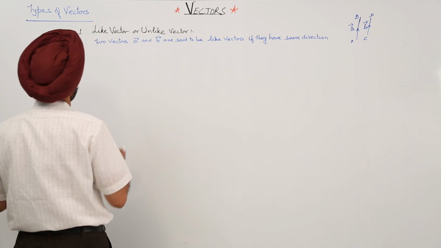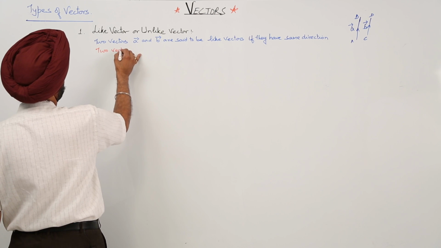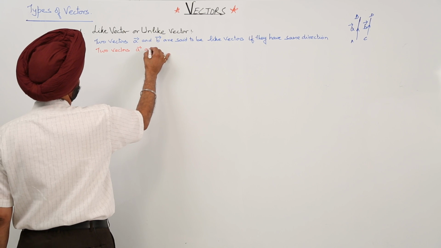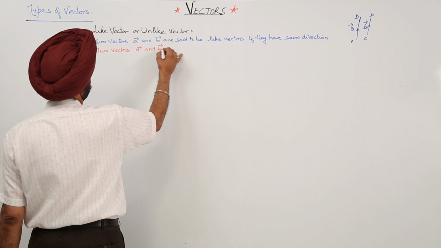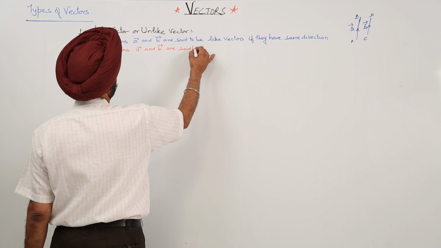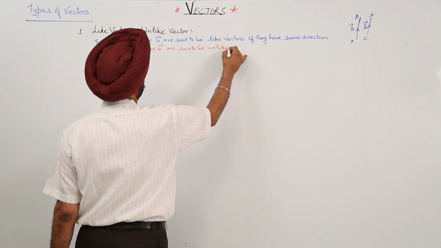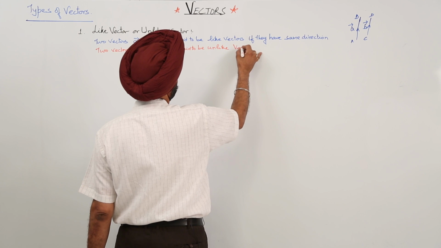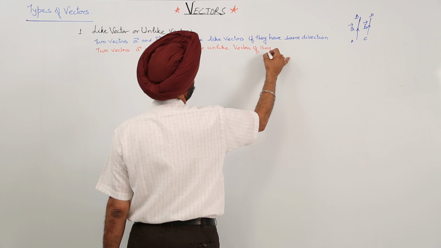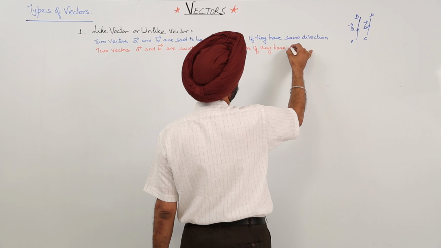Now two vectors A and B are said to be unlike vectors if they have opposite direction.